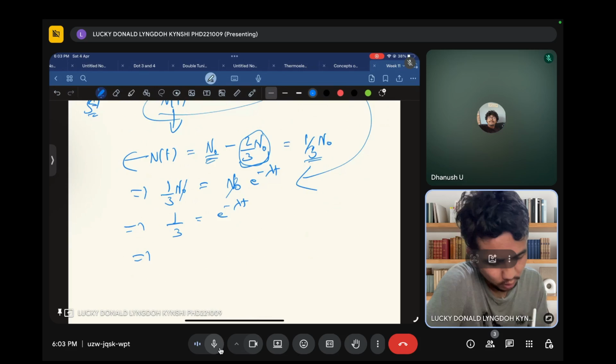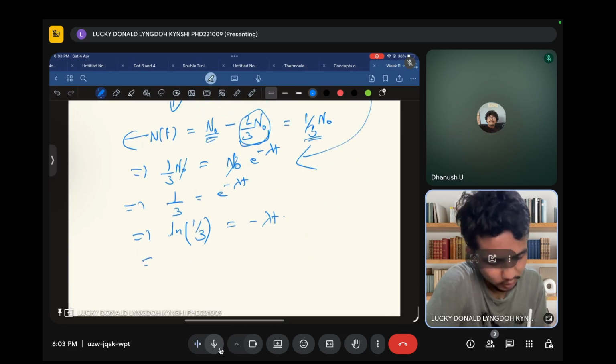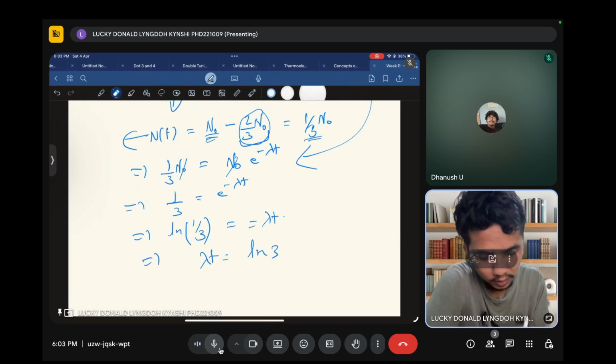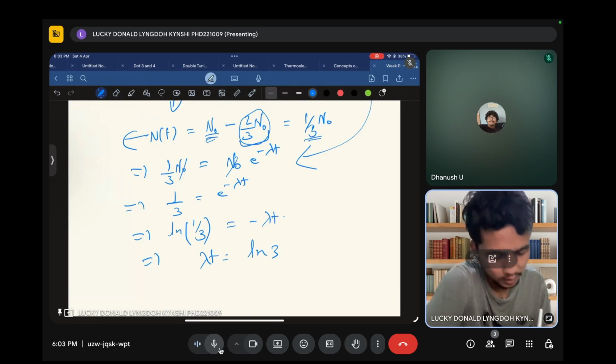Correct. So you can take log on both sides. Ln of 1 by 3 is equal to minus lambda t, because log and exponential cancel one another. If you multiply by a negative sign on both sides, you get lambda t equal to ln of 3. Now time is equal to ln of 3 divided by lambda.